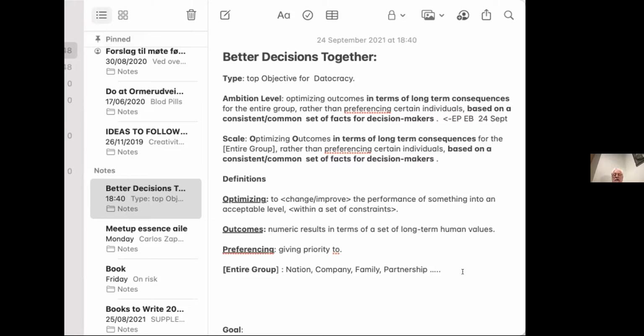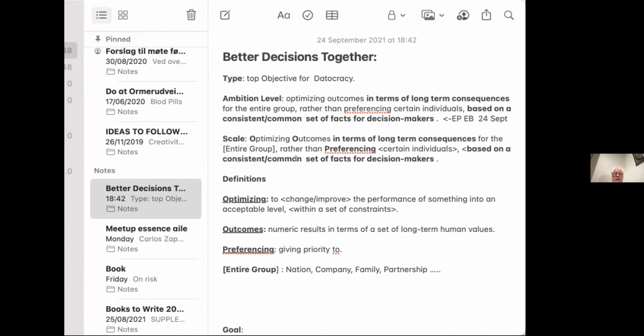Okay, now what we do is we continue this process, and I've done preferencing. I'm going to put the rest in fuzzy brackets. I'm going to indicate my agenda.